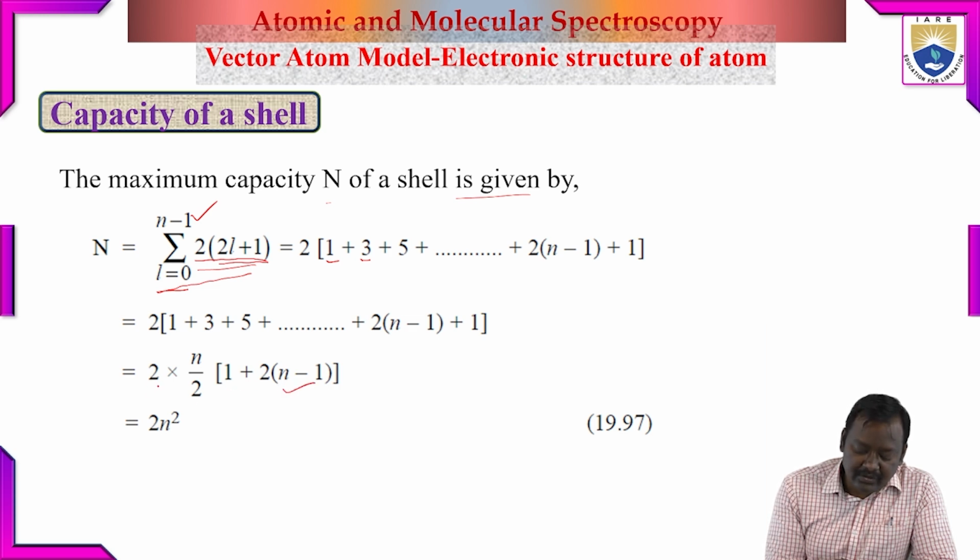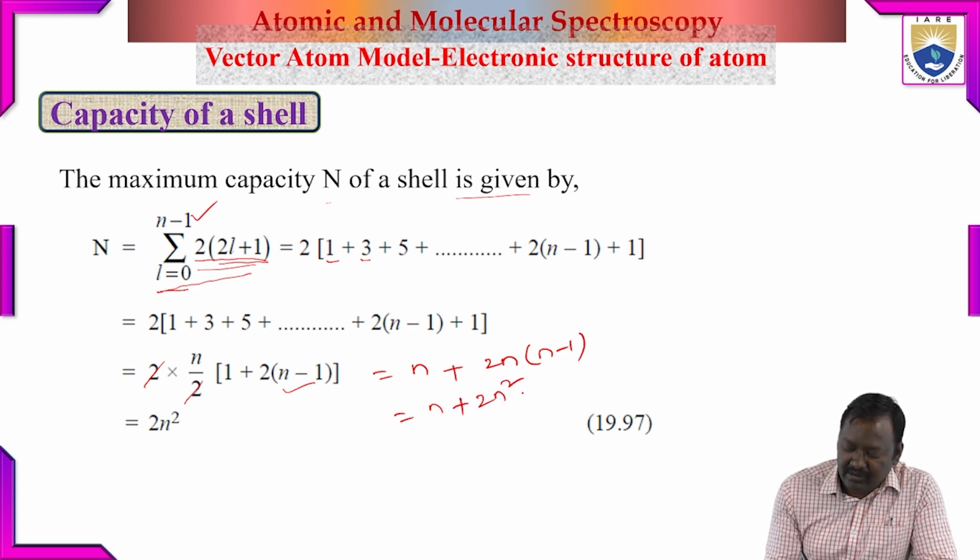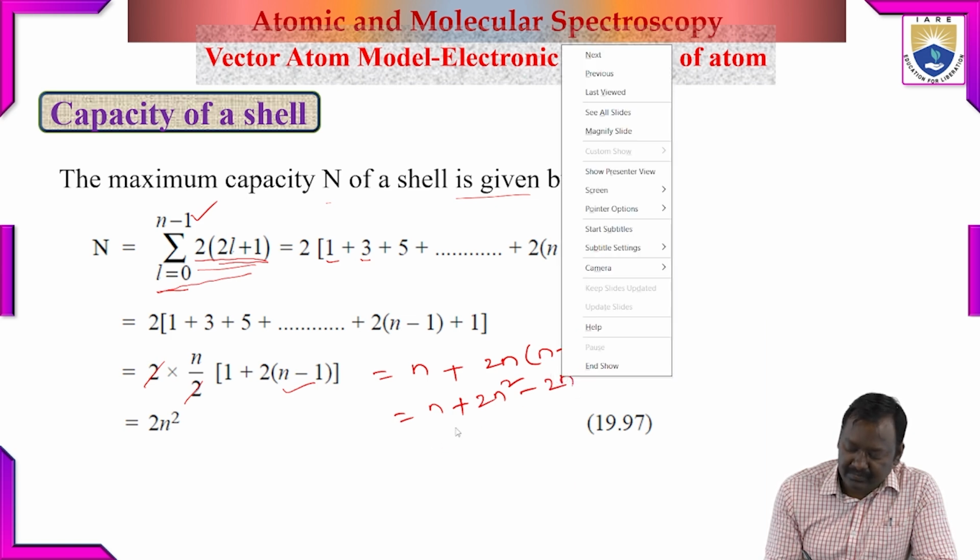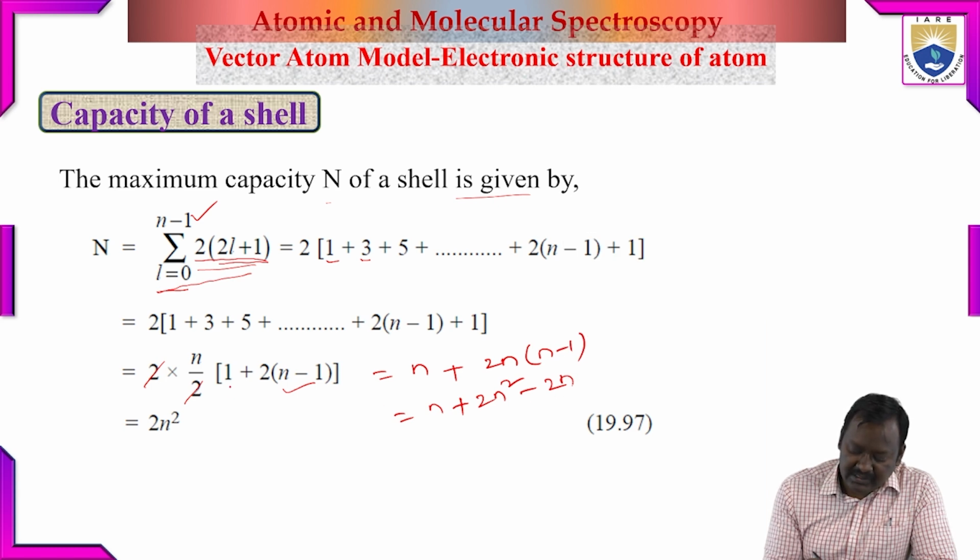If you simplify this expression, the 2s cancel, giving n plus 2n into n minus 1, that is n plus 2n square minus 2n, plus n also.